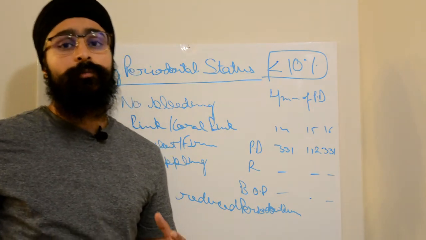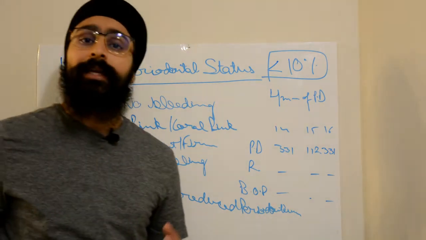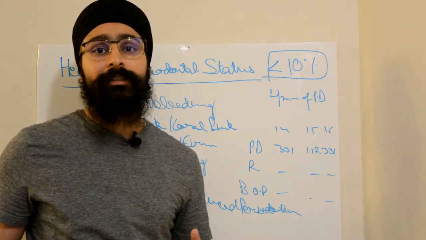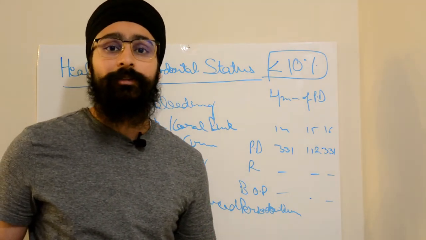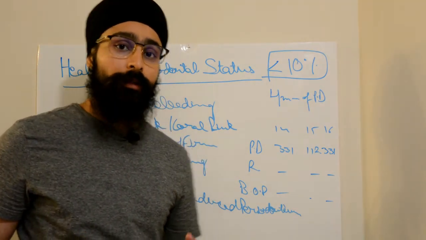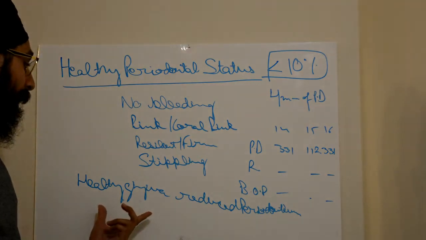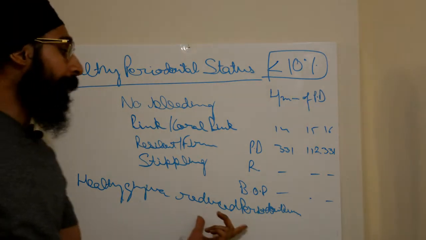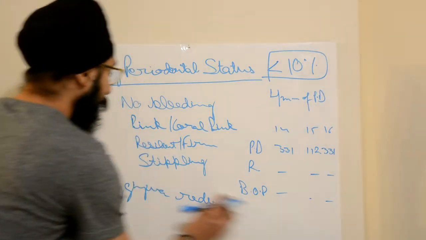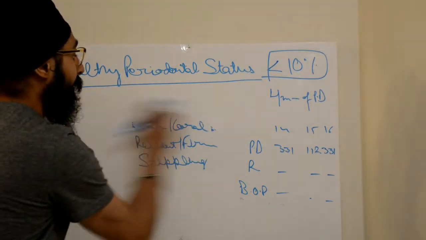But now, since bone loss has already happened, even recession has happened, but there is no more active disease present. In that kind of patient, we call that condition, even though the gingiva is healthy, it is on a reduced periodontium. And how will it be represented on a perio chart? It will be something like this.